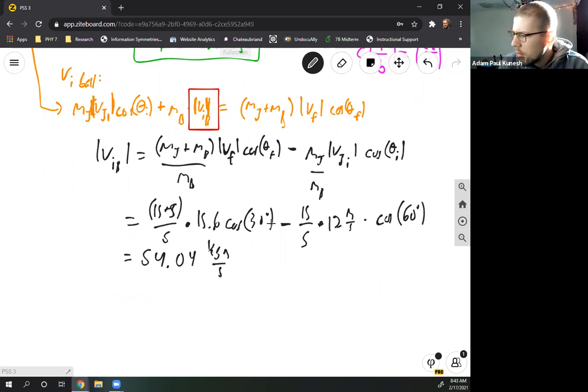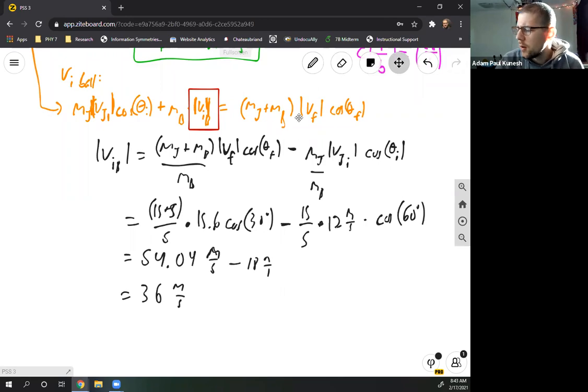Wait, it's just going to be meters per second. Sorry, not thinking enough about my units. Meters per second minus 15 over 5 times 12 cosine 60. So that's going to be 3 times 12 times cosine of 60, which is 18. So 54 minus 18 is just 36. Equals 36 meters per second.